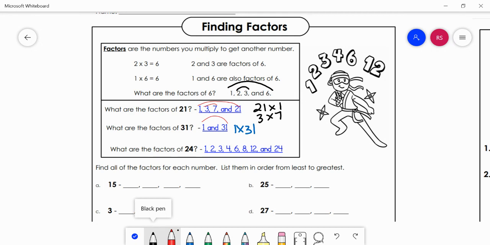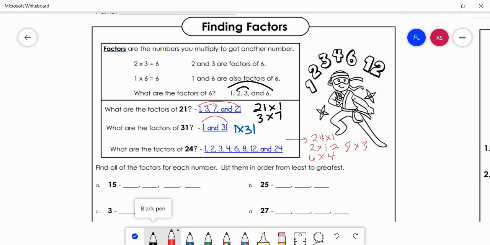What are the factors of 24? Let's think about the number 24. I'm going to start with my first one that I know, 24 times 1, because I always start with that. What else? 2 times 12, 6 times 4, 8 times 3. Is there anything else?